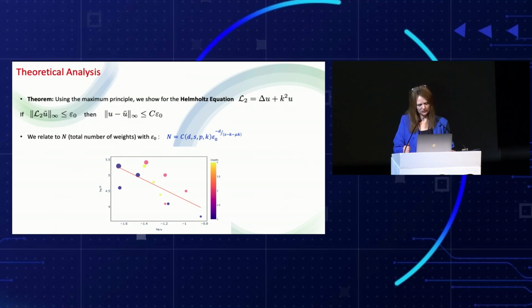In addition, we related the total number of weights to the truncation error, and you can see in the graph that with a large epsilon, when we have large error, the number of weights is smaller. This makes sense, and we have equations that support it, and these are experimental results.